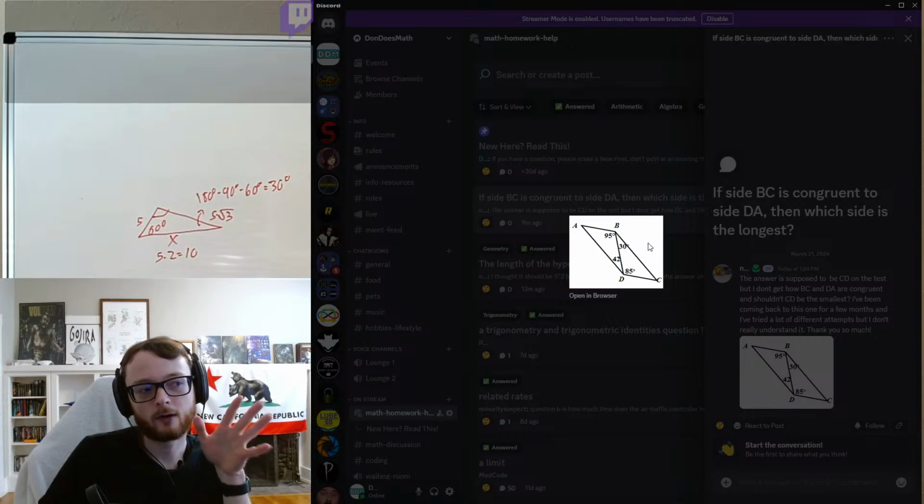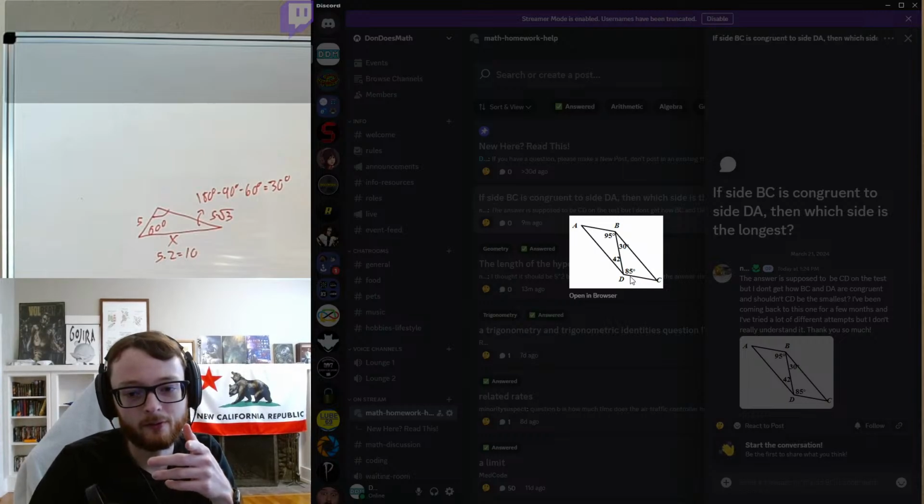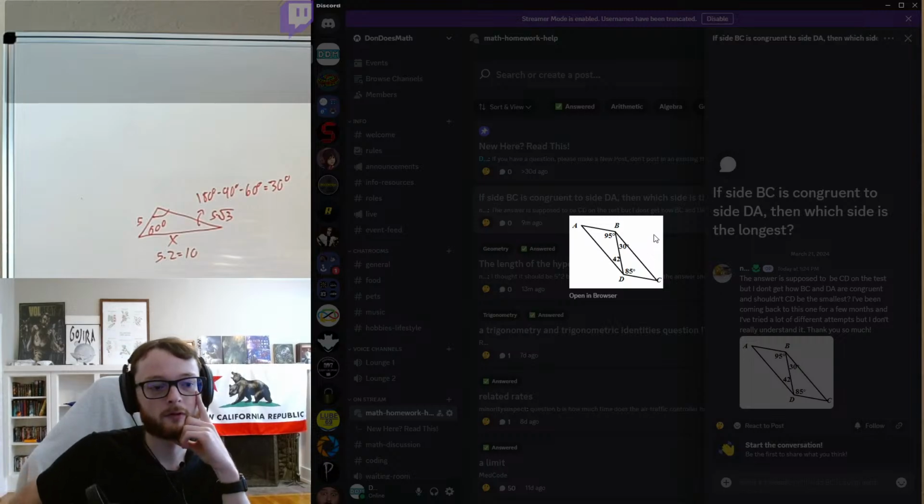There's maybe some kind of argument that because things aren't drawn to scale here, maybe it's hard to compare AB and CD. But certainly CD has to be smaller than BC. I don't see how you get any other thing.